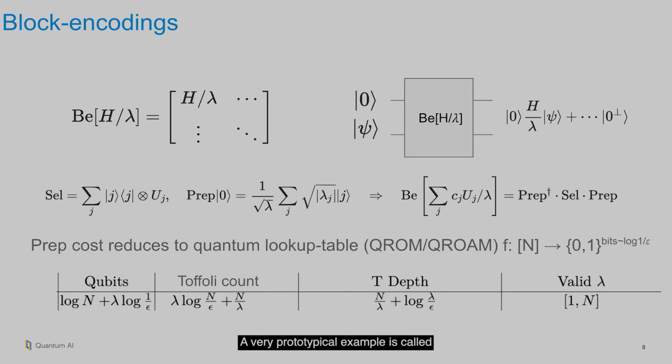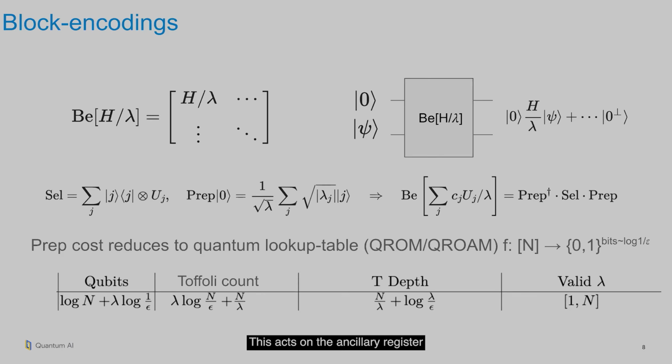A very prototypical example is called linear combination of unitaries, and you'll see this a lot in the block encoding literature. It's based on the idea of 3 quantum circuits. The first is a select circuit. This is a controlled circuit where, controlled on an index J, you apply the Jth unitary. There's a preparation circuit.